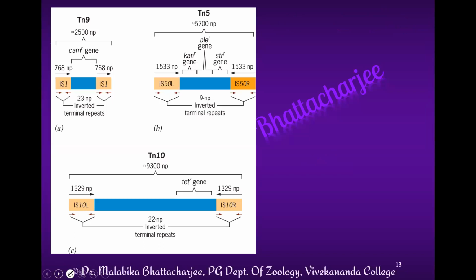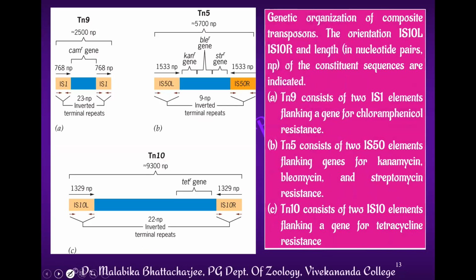There are three more composite transposons shown here: Tn9, then Tn5. Tn9 consists of two IS elements, Tn5 also consists of two IS elements, and Tn10 also consists of two IS elements. So these are composite transposons, which have IS elements on the boundaries. To repeat, non-composite transposons do not have IS elements on their boundaries, but they have their own transposase gene, which facilitates their transposition.